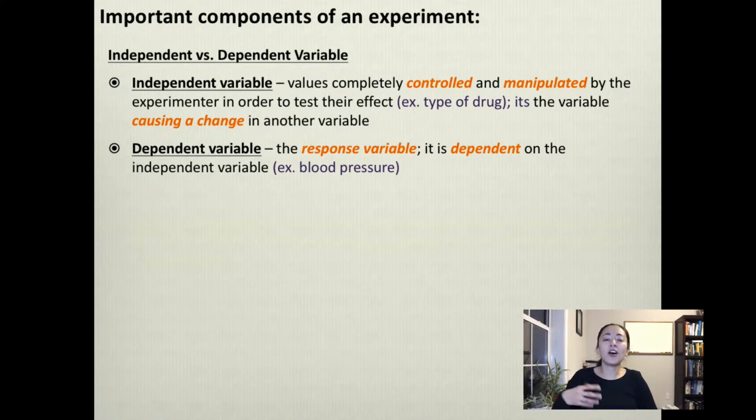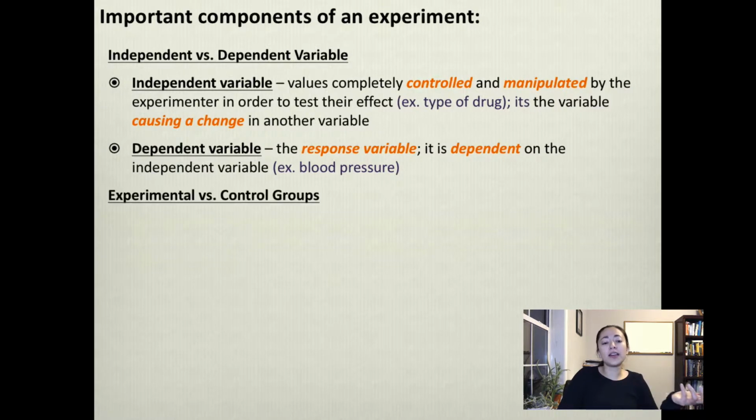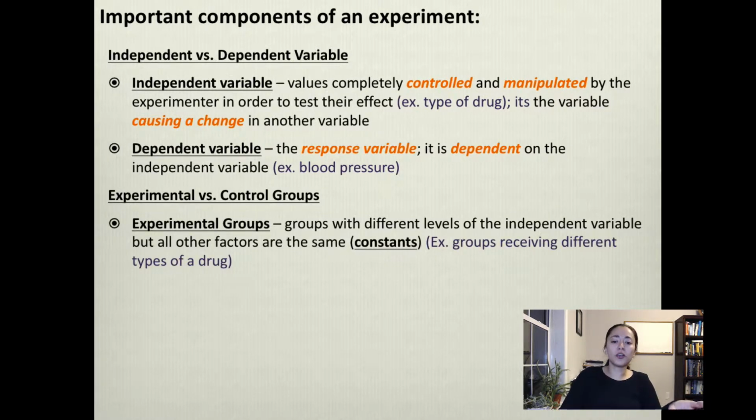An experiment often contains several different groups, and these groups can be divided into experimental groups and a control group. Experimental groups are groups with different levels of the independent variable, but all other factors are constant or remain the same between those different groups. So for example, if we wanted to do research on the effect of different drugs on blood pressure, the groups that receive the different types of drugs would be our experimental groups.